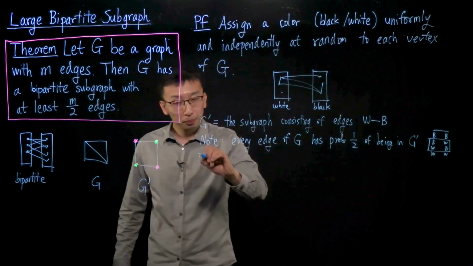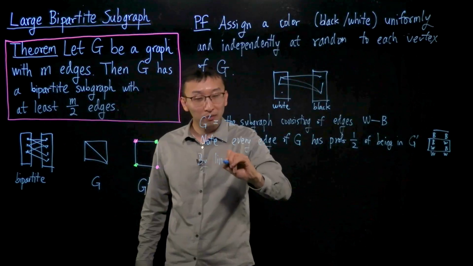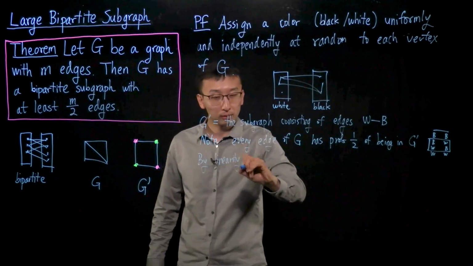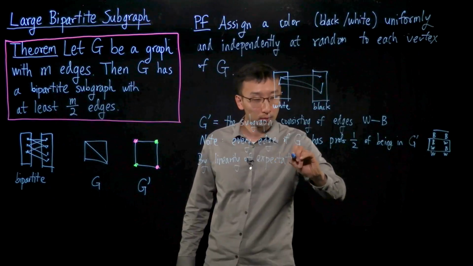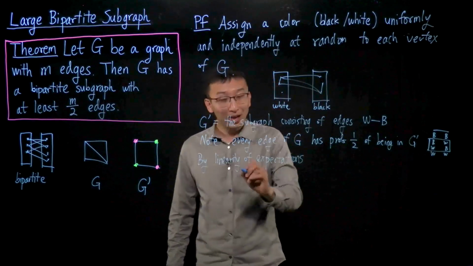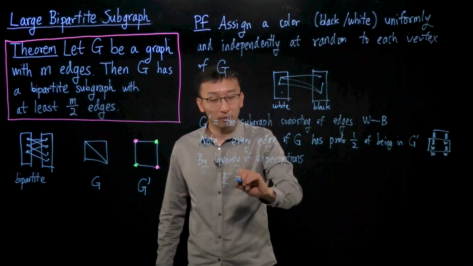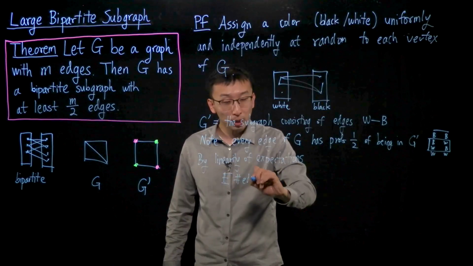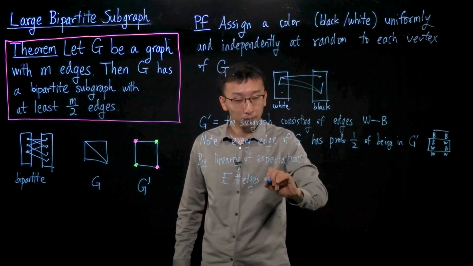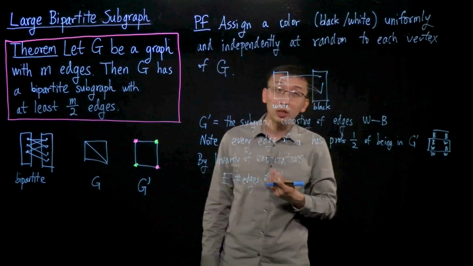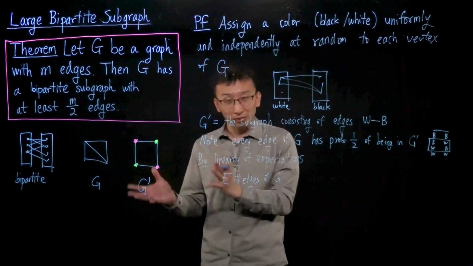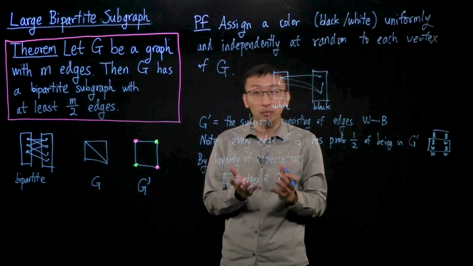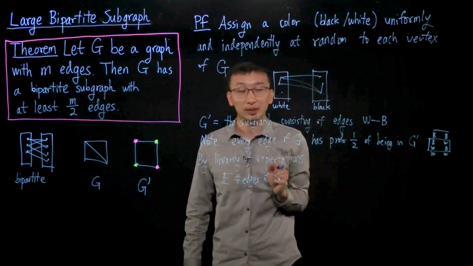Now, knowing this, by linearity of expectation, the number of edges of G prime. Here, G prime is a random subgraph, right? Where G is given, G prime depends on the coin flips that we made to assign colors.